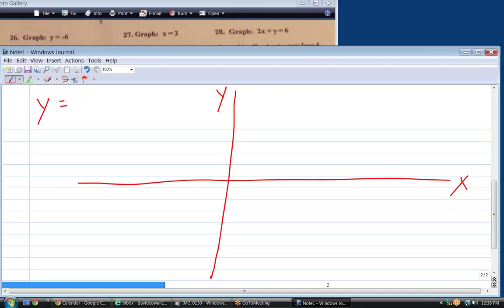For some reason, you get the sign wrong repeatedly on these. I'm not quite sure why. In other words, if we start out with this, how do we get y by itself? We minus 2x.